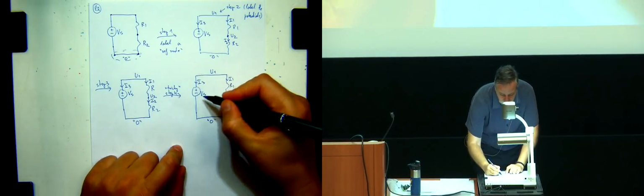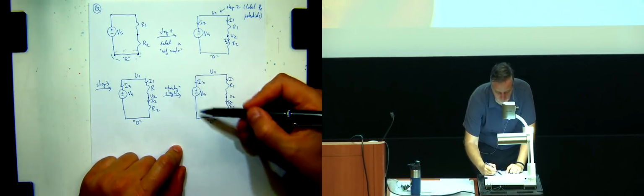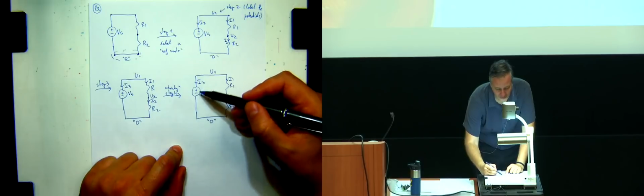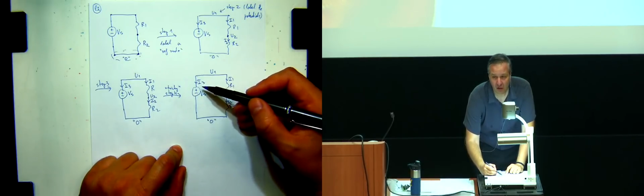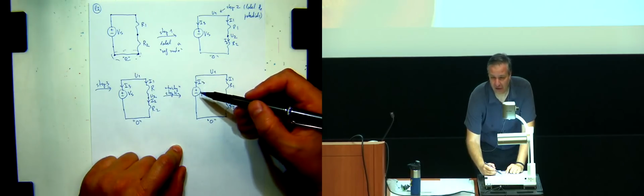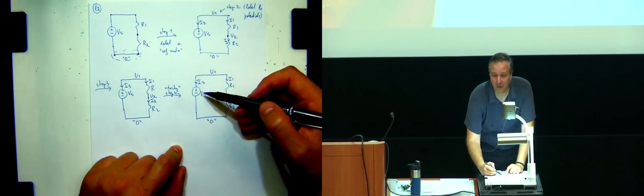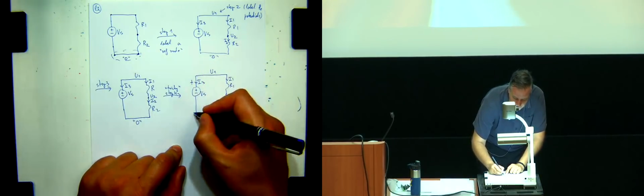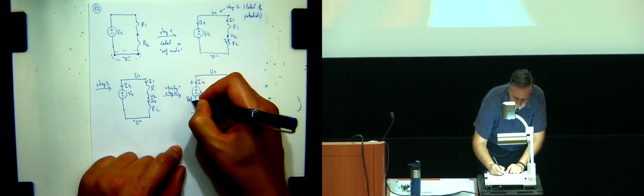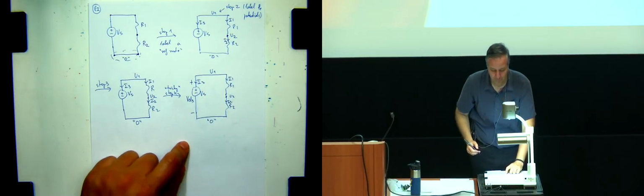So on this element, let's call it element 3, I have I3, and if I'm labeling voltage V element 3, where should the plus go? Up or down? Up, right?